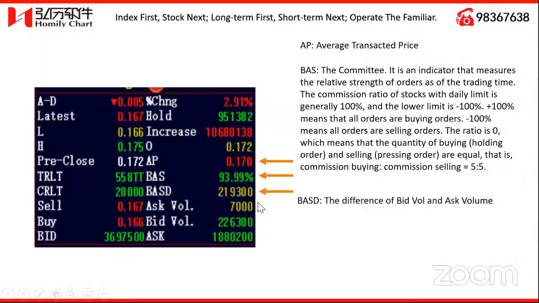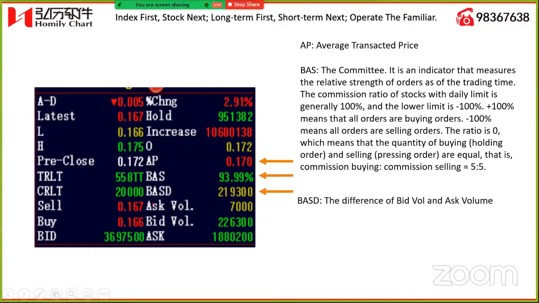So there's another very difficult concept here. It was the AP and BAS and BASD. Before that, let's look at the sell and buy here.